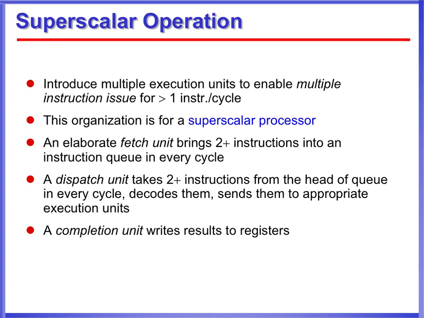We fetch one instruction at a time, and all five stages of the hardware can only handle one instruction at a time. It's like an assembly line: one instruction in stage 1, the next instruction in stage 2, and so on down to stage 5, but you've got one pipeline.